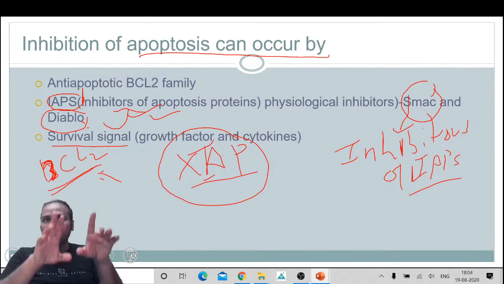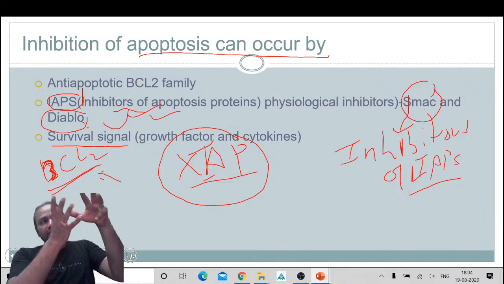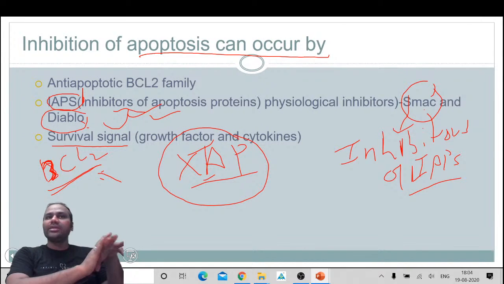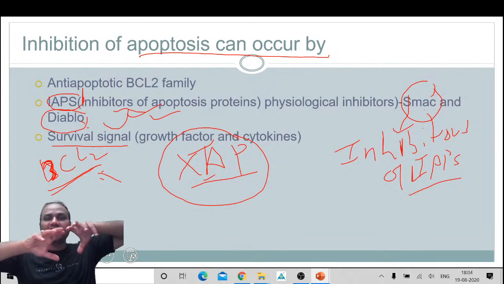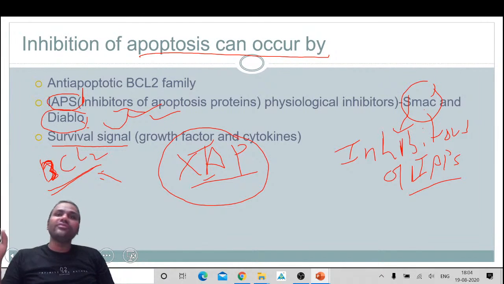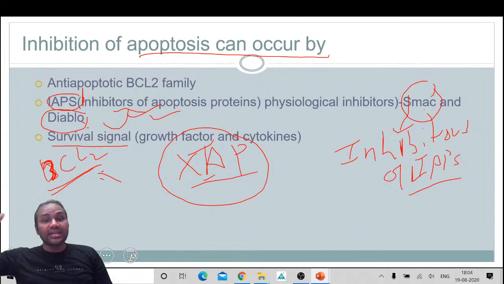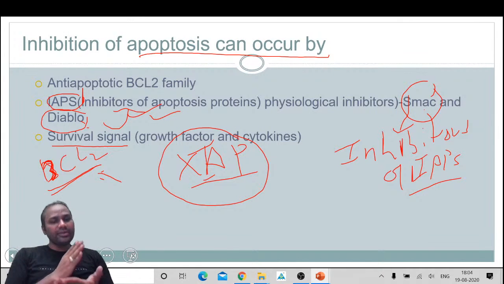Whenever there are survival signals, as I have told already, the survival pathway will act: the AKT pathway, PI3K-AKT pathway and all this. This survival signal pathway is inhibiting what? It is inhibiting BAD, BIM or the sensor pro-apoptotic factors. So whenever there are survival signals or growth factors and cytokines, apoptosis doesn't occur.